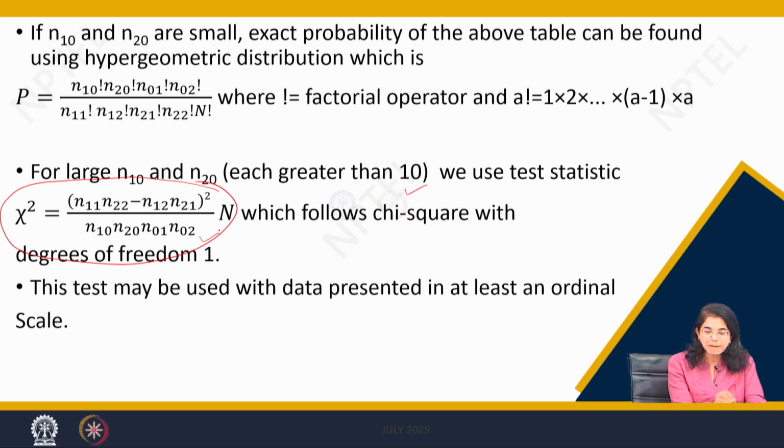This expression follows a chi-square distribution with 1 degree of freedom. This test may be used with data presented in at least an ordinal scale, as I have already told. Once you know this chi-square or this probability, the rest is just the calculation left, right?